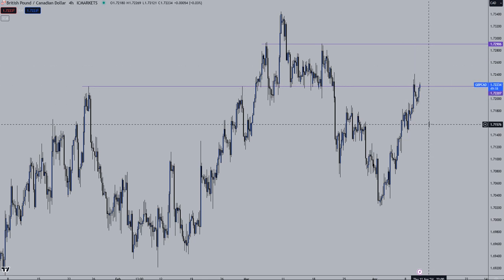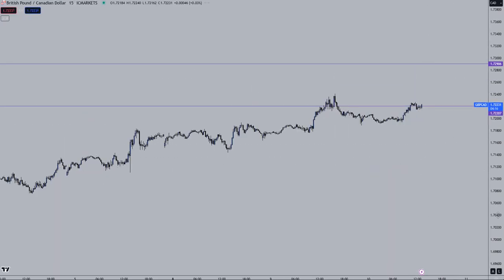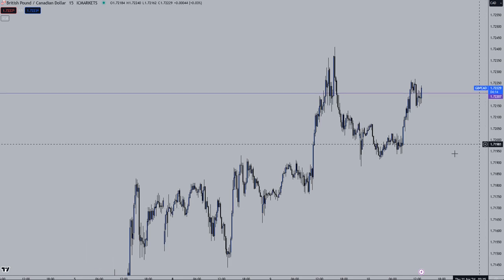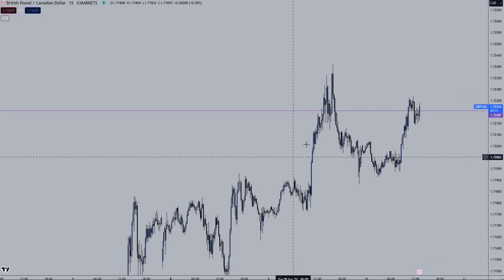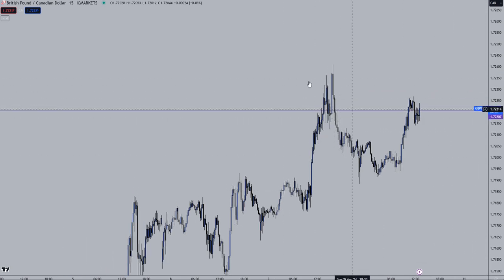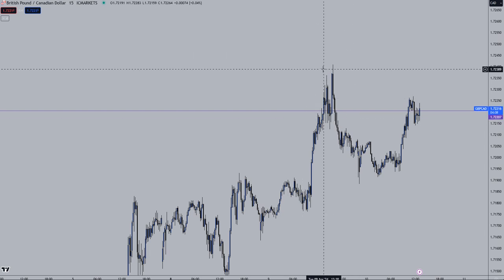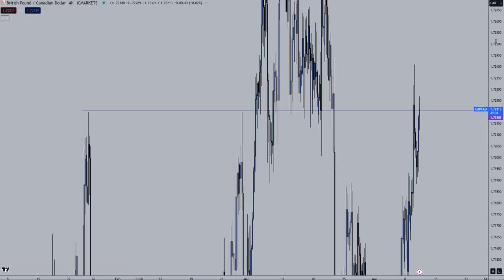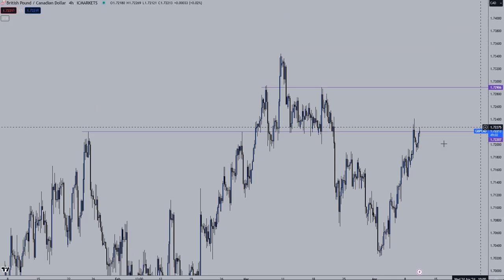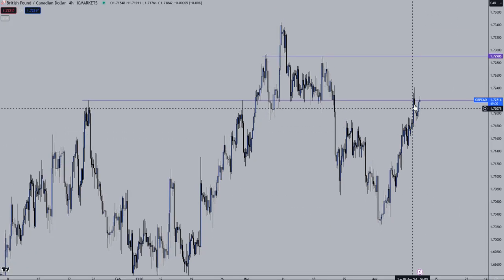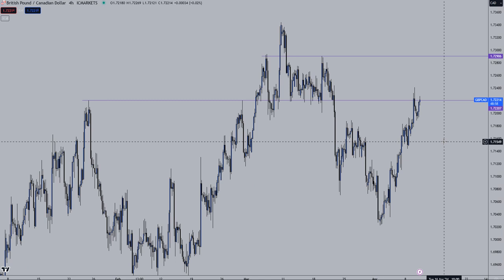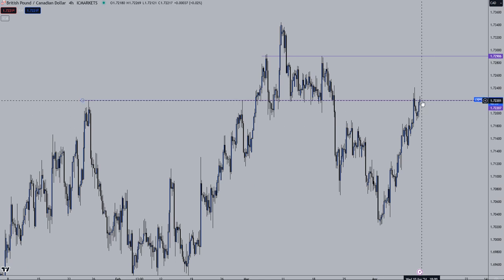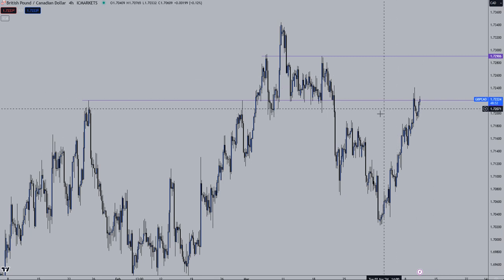You can see price did pierce through it, but if we look at price action, the whole reason is this consolidation, a bit of liquidity grabbing before finally pushing down again. Now I can assess this market and say, price is coming back up to this area, so I should potentially look to enter sells, because there's no point buying from this area, as you'd hope there's going to be more sellers than buyers.